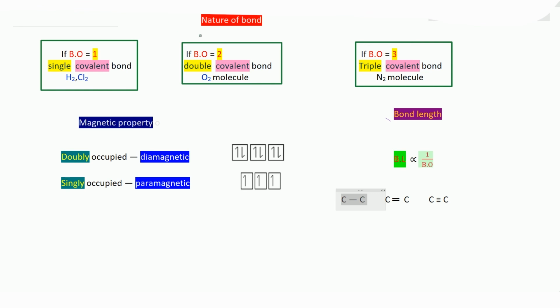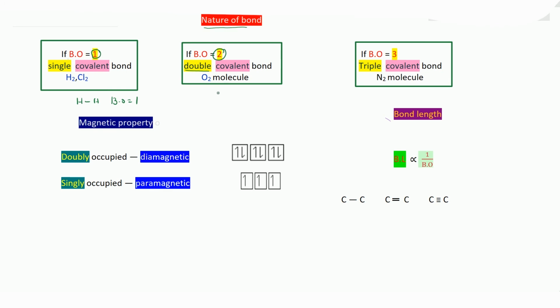Next we will discuss the nature of the bond. From bond order we can determine the nature of the bond. If the bond order is 1, then it's a single covalent bond. For example, you take hydrogen and chlorine. Here the bond order is equal to 1. If the bond order is 2, then we have a double bond between 2 atoms.